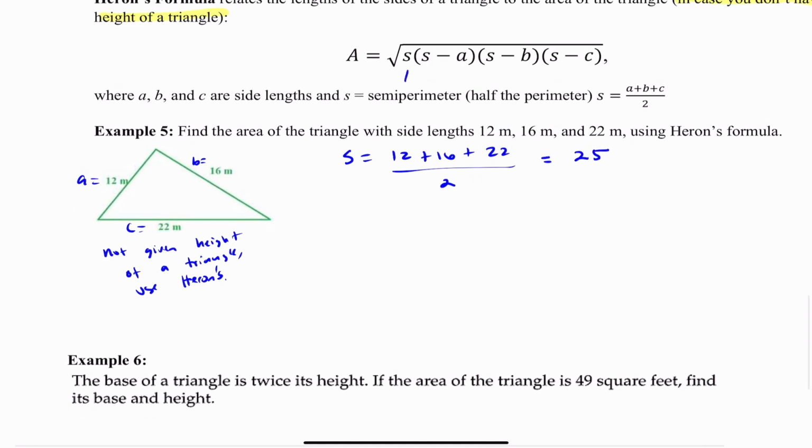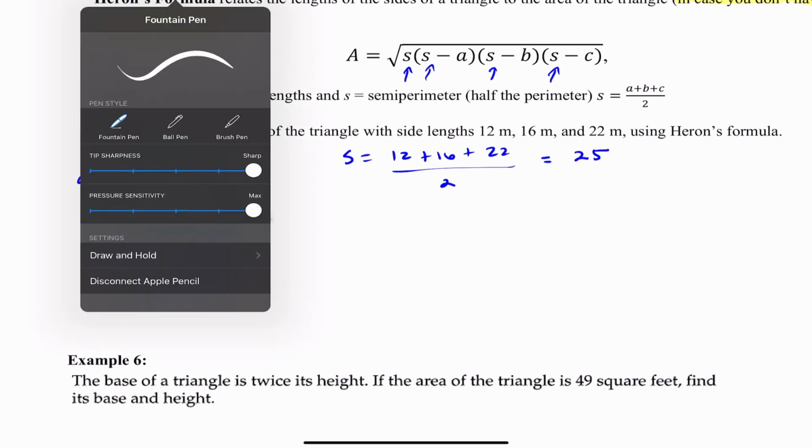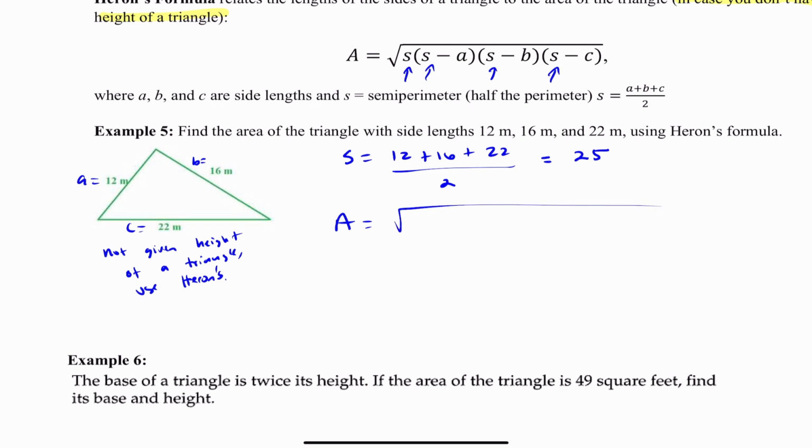So I can go ahead and replace all the S's with 25, and then replace A, B, and C as well. So A equals the square root of 25 times 25 minus my 12 times 25 minus the 16 times 25 minus 22. And I can go ahead and put this in my calculator. Exactly.